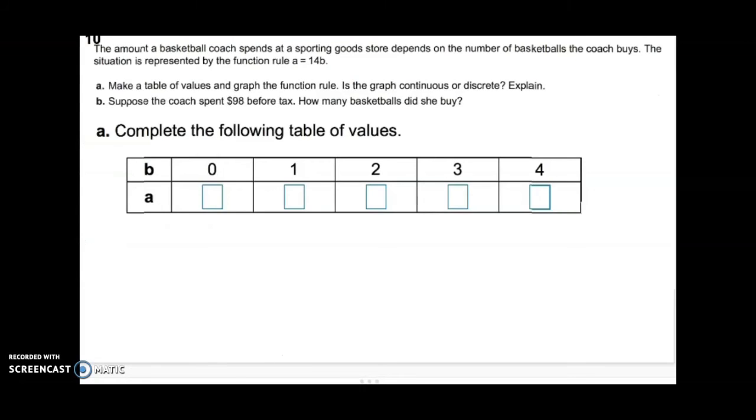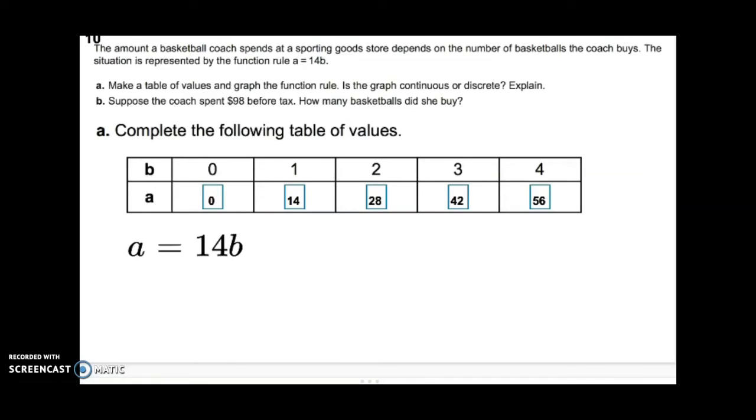What we need to do is take the value for B, which in our case represents X, and see what we get for A. So we're basically multiplying each of these numbers by 14. So you have 0 times 14 is 0, 1 times 14 is 14, 2 times 14 is 28, 3 times 14 is 42, and 14 times 4 is 56.